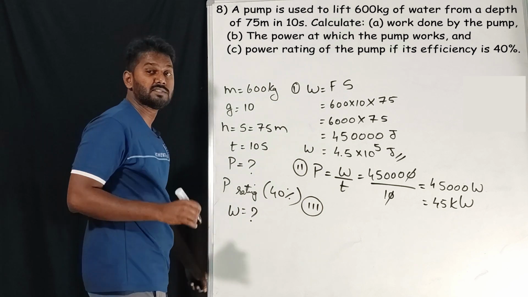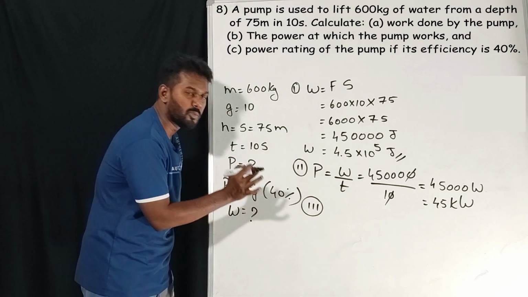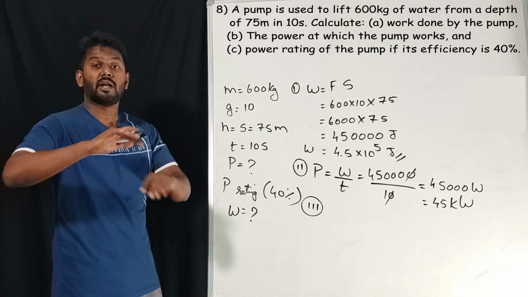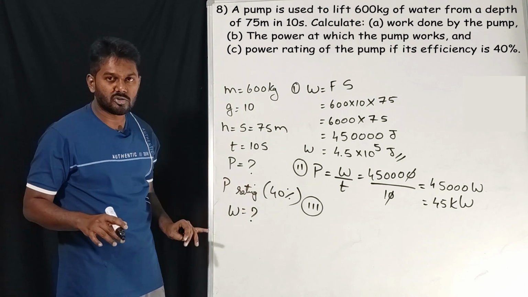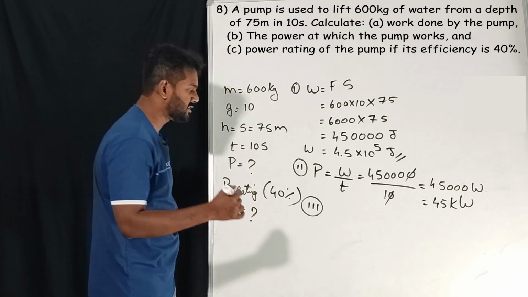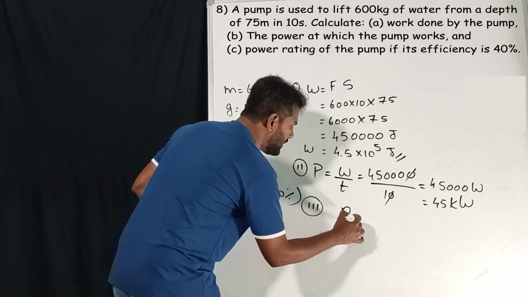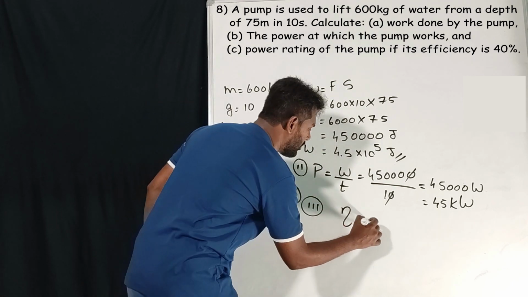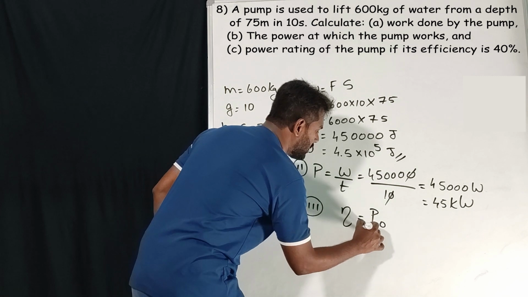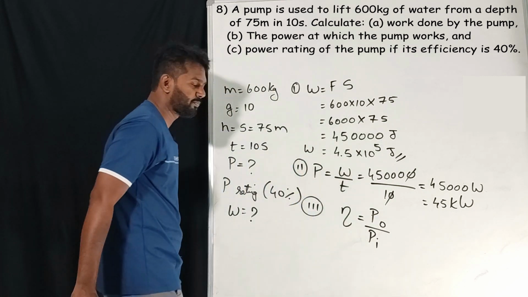What we are going to find, that is the power rating. Very important question. In previous questions, it was 100% efficient. In this question they have told 40% efficient. Listen. What is the efficiency formula? This is the efficiency symbol. Efficiency is equal to power output divided by power input.